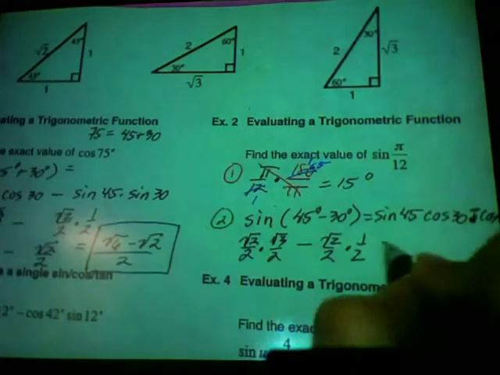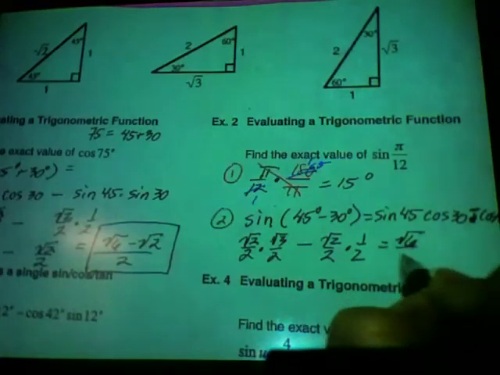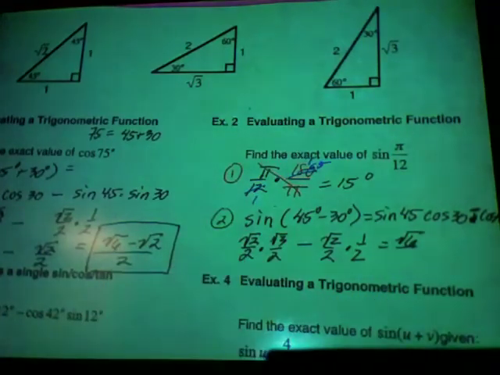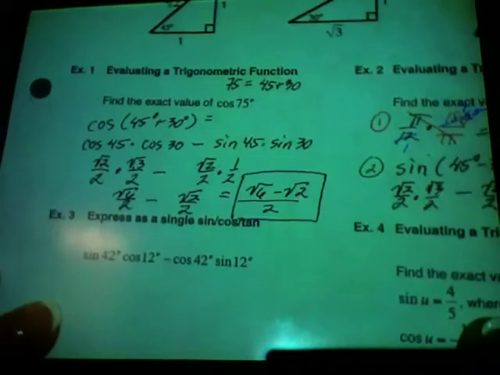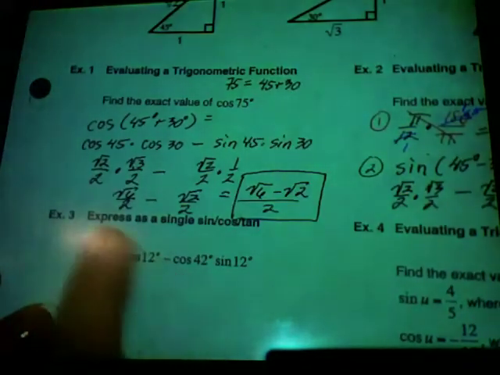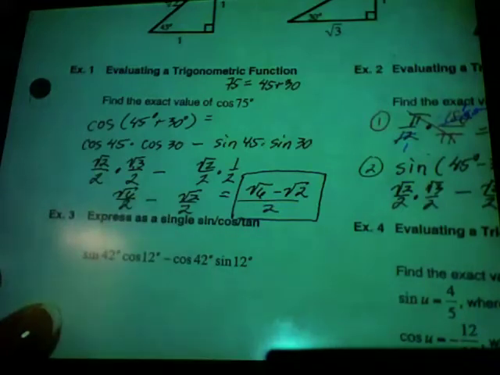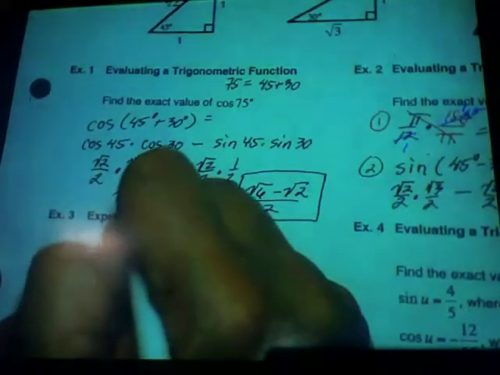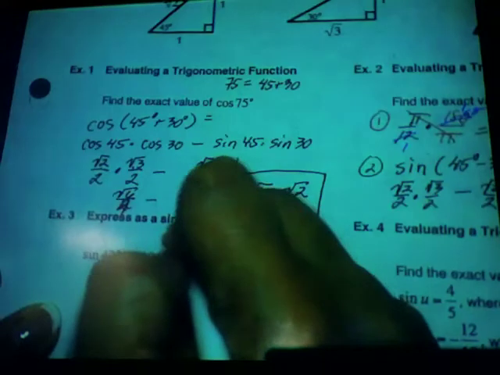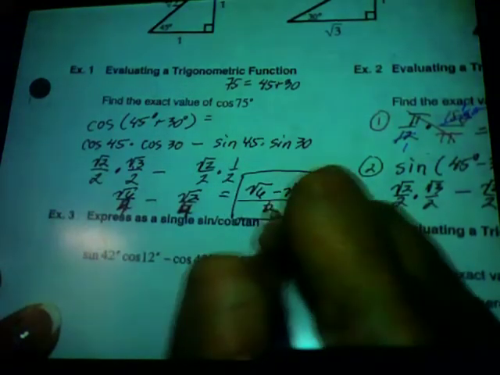So again, don't we get the square root of 6 over, oops, backtrack to this. What mistake did I make over here that I just saw? What's 2 times 2? Why did nobody catch that? This is a 4, isn't it? And this is a 4. So isn't this a 4?